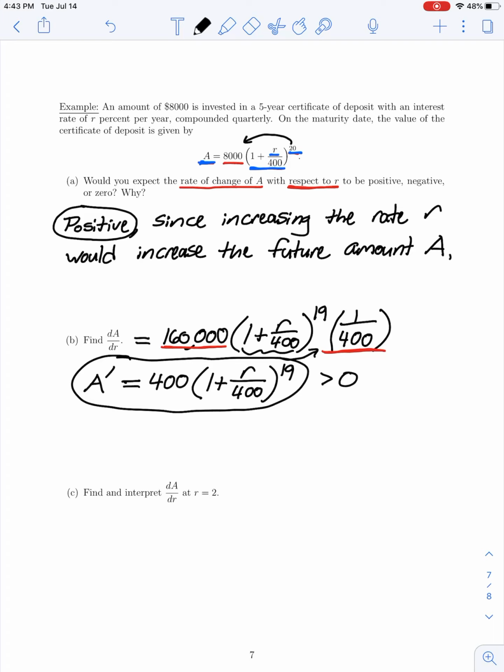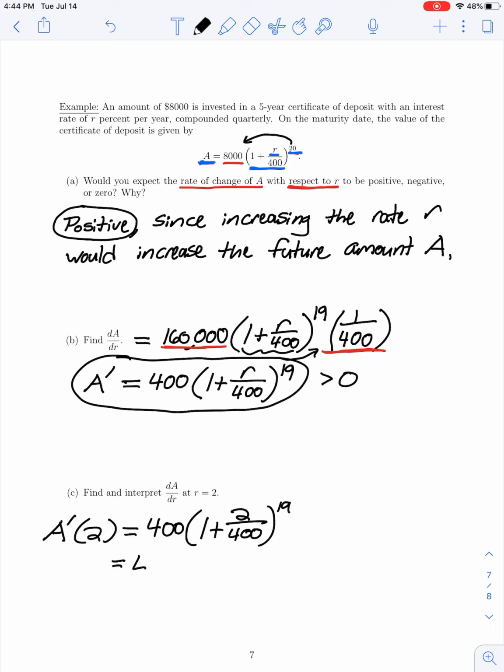Now in part C, we're asked to find and interpret the derivative of A with respect to r at the rate r equals 2. So taking the function that we had in part B, that is A prime, and plugging in r equals 2, we would have 400 times 1 plus 2 over 400, all raised to the 19th.